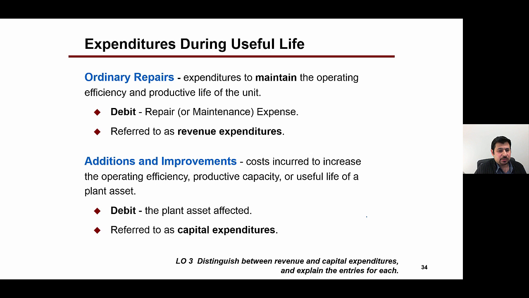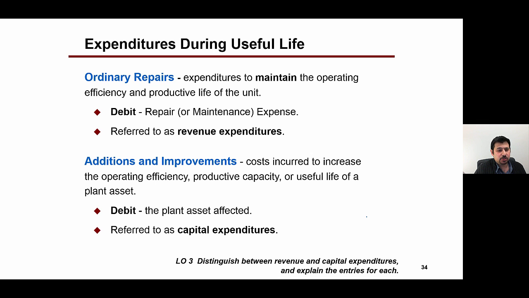For example, for a delivery truck, when the company purchases a new, bigger trailer in order to increase the delivery capacity of that truck, this will be debited to the plant asset itself.